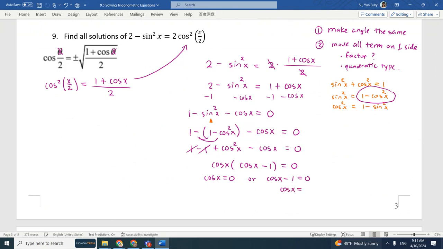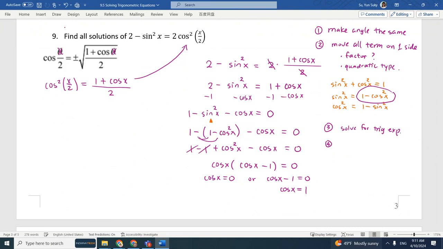When you solve for the trig function, the trig expression is on the left-hand side by itself, equals 1. After you factor, you solve for the trig expression.